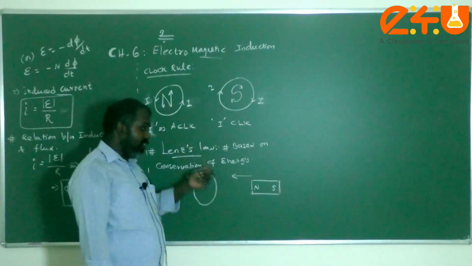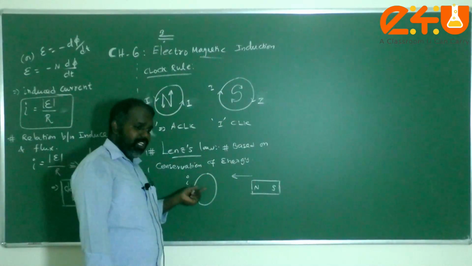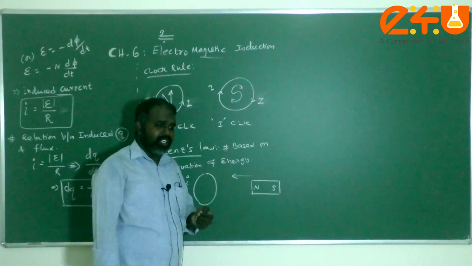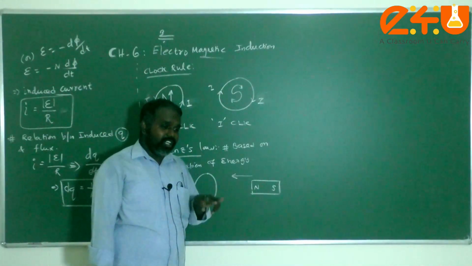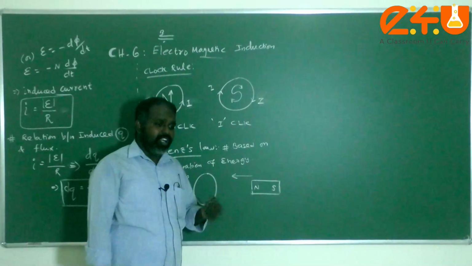But the law of conservation of energy says, as we have studied in mechanics, that one form of energy can be converted into another, and energy can neither be created nor destroyed.